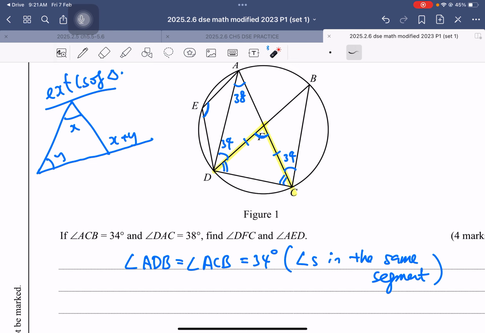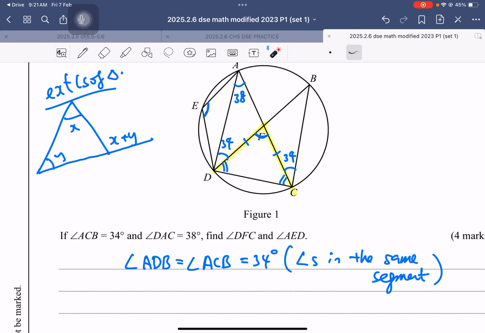This is the exterior angle. If you don't understand this, never mind. Just calculate this one. How do you calculate this? 108. Why? Angle sum of a triangle, isn't it? Then for a straight line, the angle is 180.